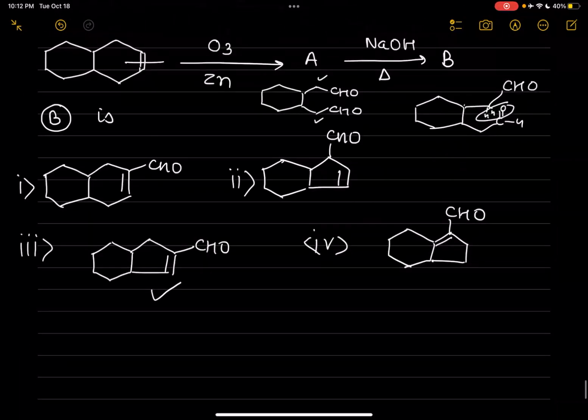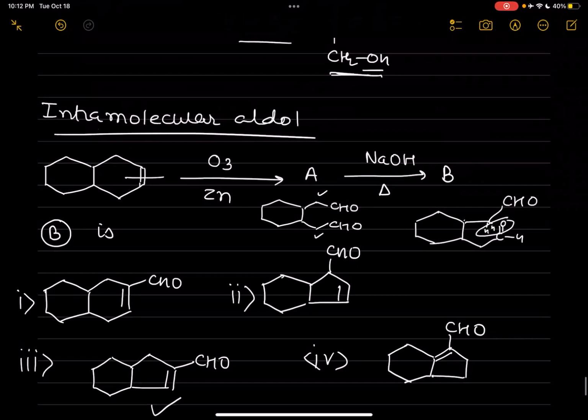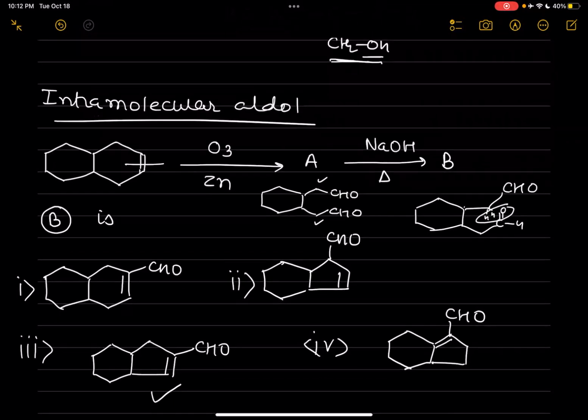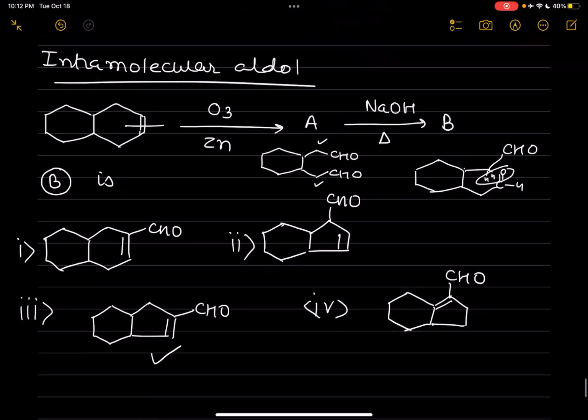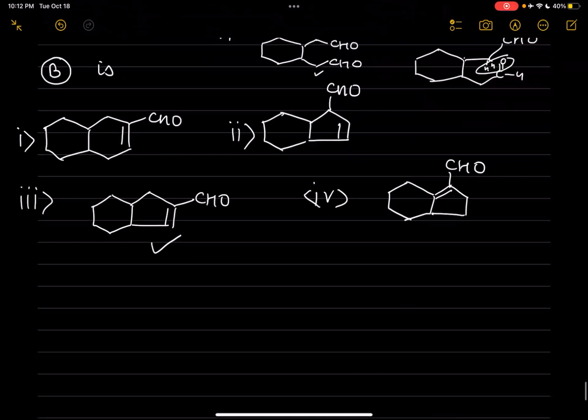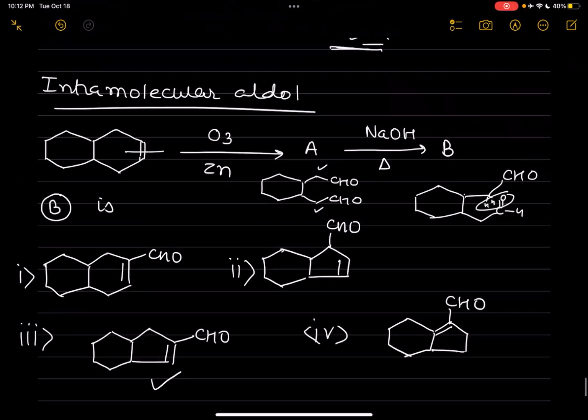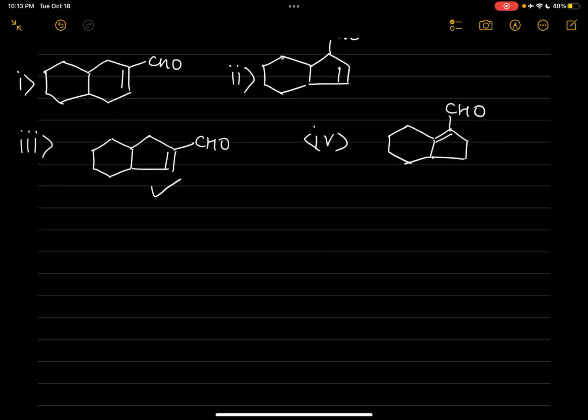Intramolecular aldol is exactly the same, just you need to be a bit careful because you are making a ring out of it. So aldol condensation, crossed aldol, intramolecular aldol, self aldol, all these are parts of the aldol condensation reaction.